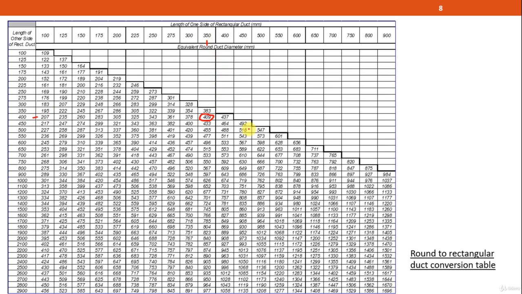Next is 575. So 573 will be quite an obvious choice. And with that, the rectangular duct dimension will be 550 times 500. And finally, 715, we will take the 711 millimeter round duct diameter over here. So it will be a square duct, 650 times 650.